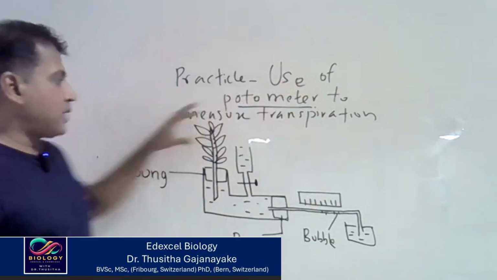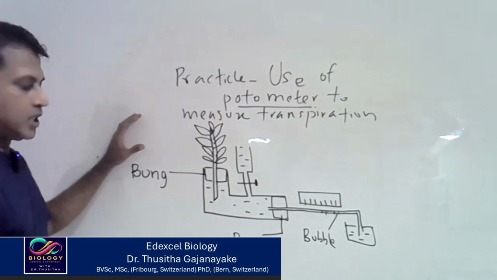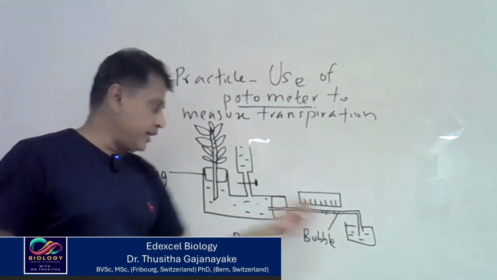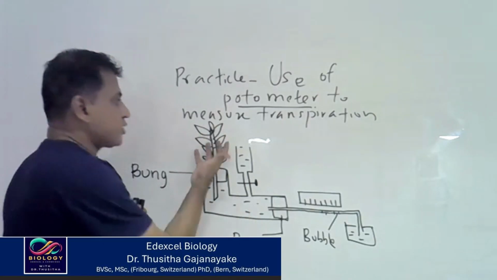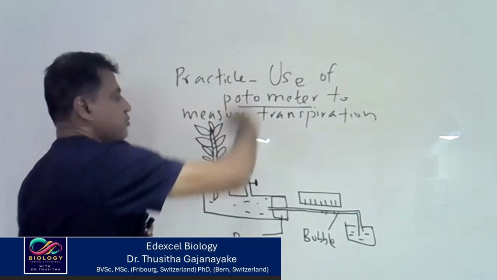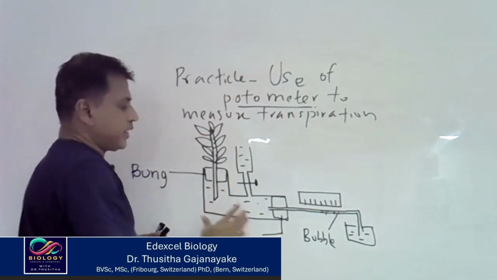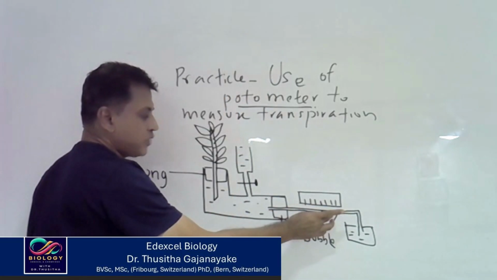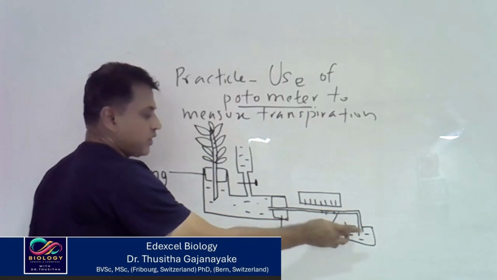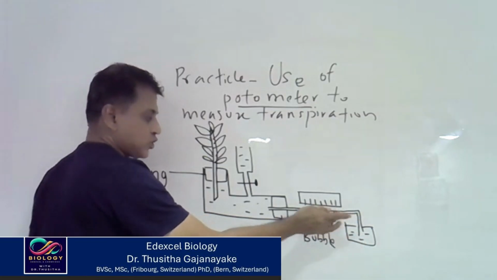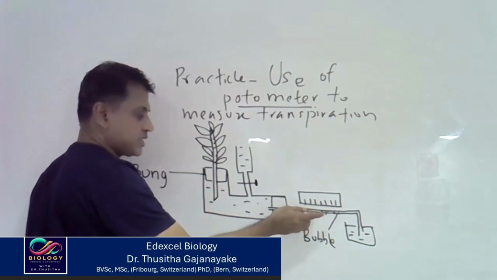Let's say I place a light here. When the light intensity is high, the water goes up only here. Transpiration takes place, then the water goes here. When water goes here, the bubble moves. Water comes from this beaker, so the bubble moves toward this end.